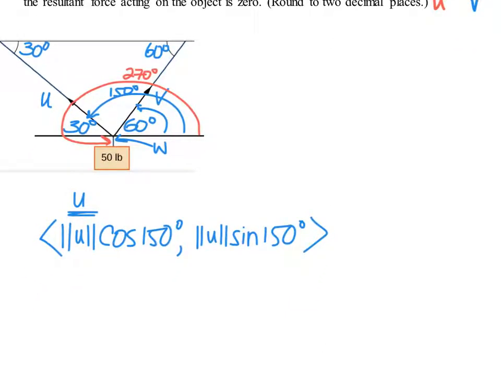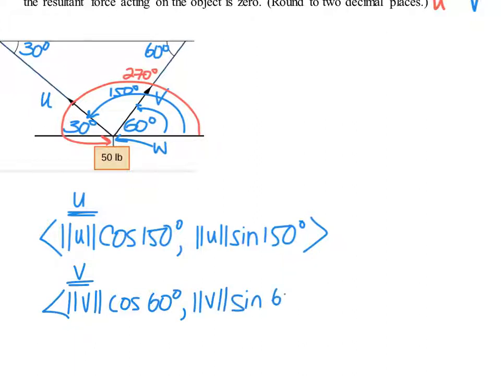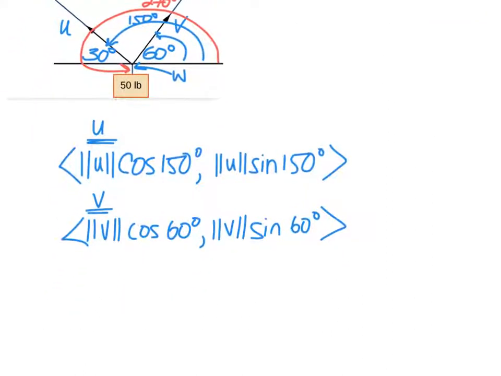Then V, magnitude still unknown, but now that's 30 degrees, 60 degrees. Cosine 60. W is the good one. There's always the way these problems are kind of selected. You always try to throw a nice one in there.